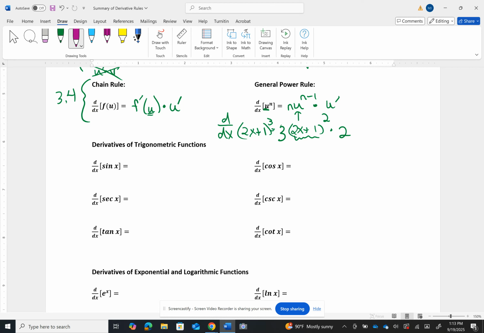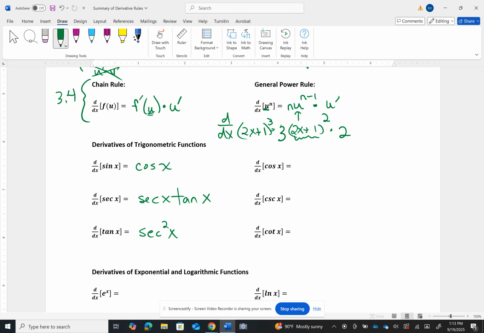And we could prove why we get it to be what we get it to be by using the identity for the sine of the sum of two angles. Okay, but we're not going to really take the time to do that. You just need to know these. Okay, so you need to start memorizing them. And we talked about these in class already. So the derivative of sine is cosine. The derivative of secant is secant x tangent x. And the derivative of tangent is secant squared x.